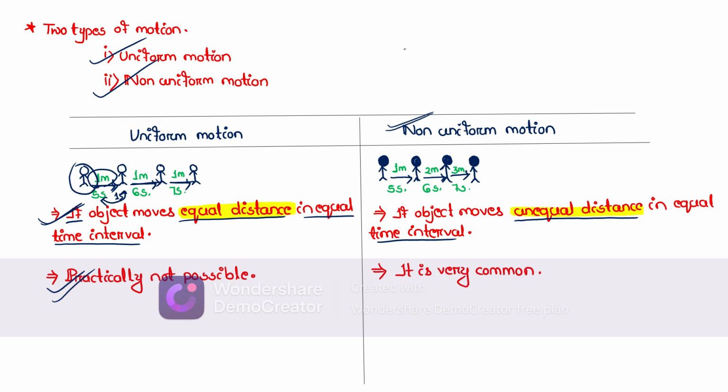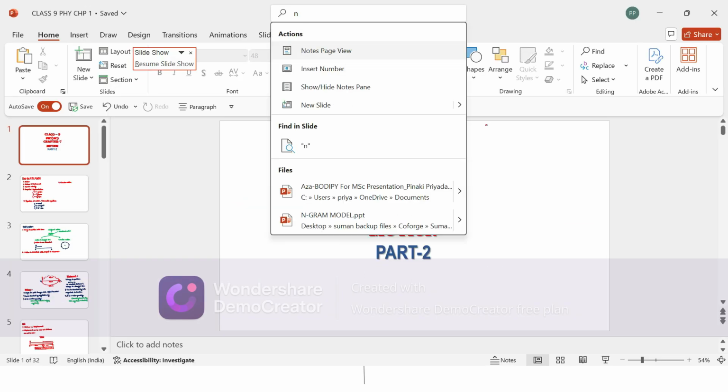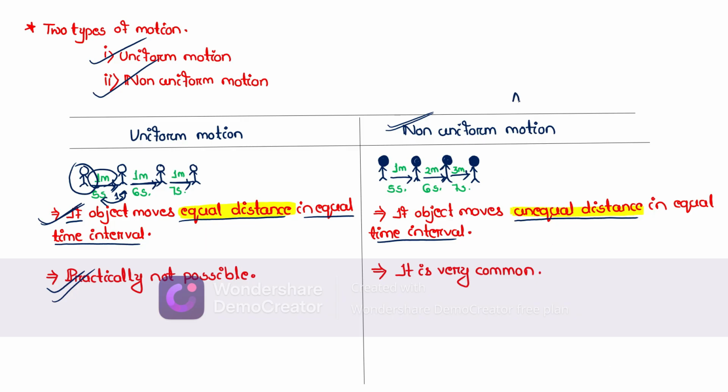It means if someone is moving from A to B, and the distance is like 40 kilometer, and person X moves from A to B, he takes 1 hour. Another person Y takes 2 hours. They are covering the same distance, but the time intervals are different, right?